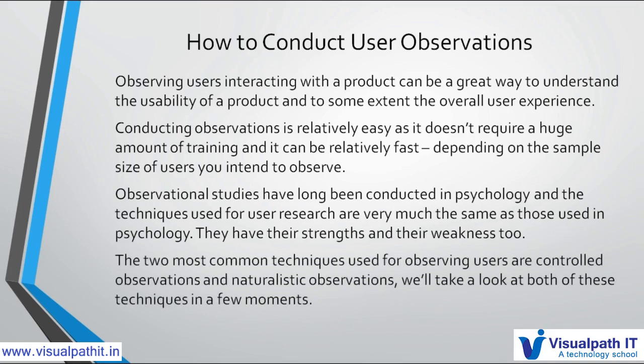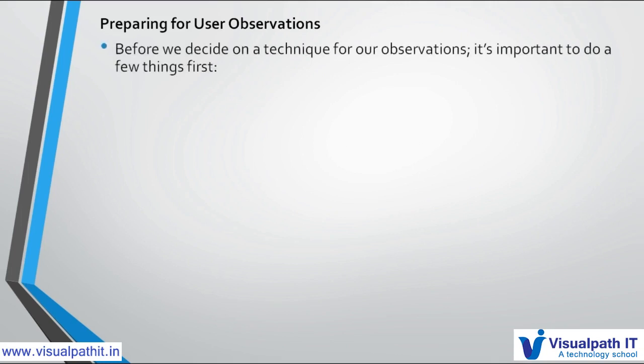The two most common techniques used for observing users are controlled observation and naturalistic observation. We will take a look at both of these techniques in a few moments. Preparing for user observation. Before we decide on a technique for our observations, it's important to do a few things first.